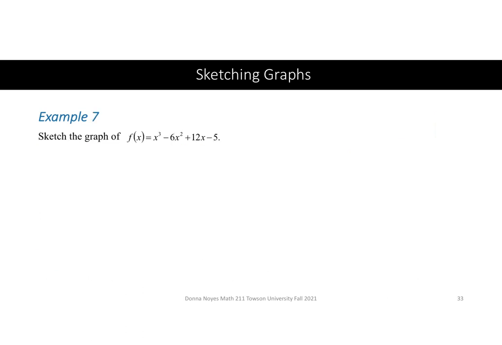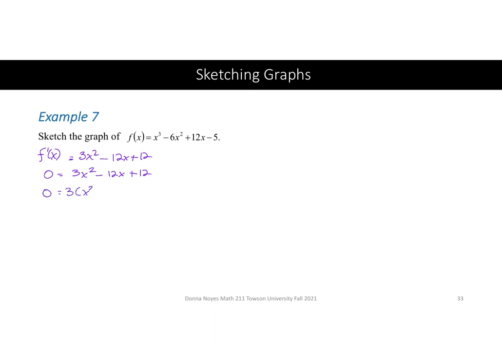Okay, so for our last example, we're going to sketch the graph of f of x equals x cubed minus 6x squared plus 12x minus 5. So let's start with f prime of x, which would be 3x squared minus 12x plus 12. We're going to set it equal to 0. And if we look at it, we notice that we can factor out a 3.